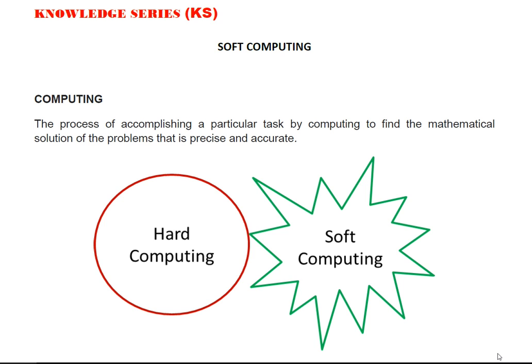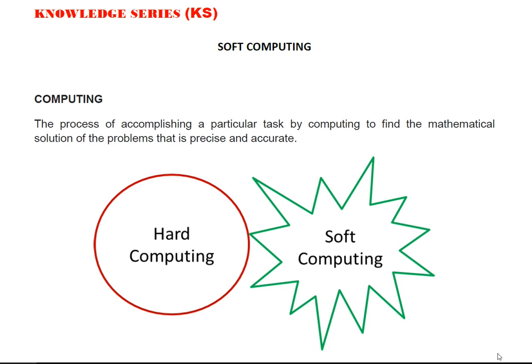Computing means any process that we want to execute that produces a result. If that result closely resembles the desired output, then we say that the computing system accomplishes its task.